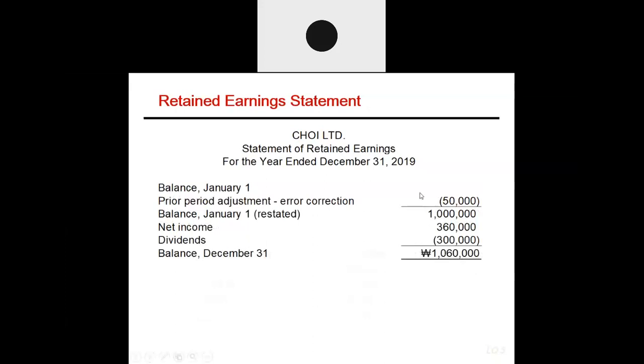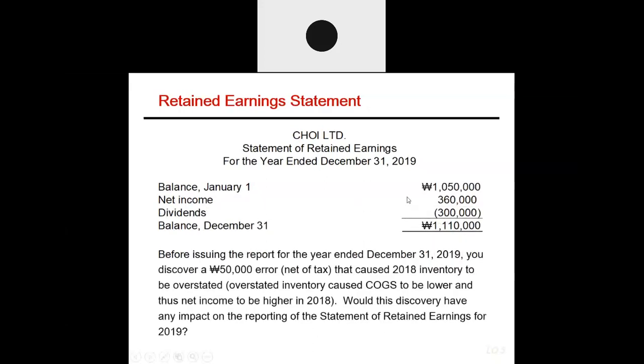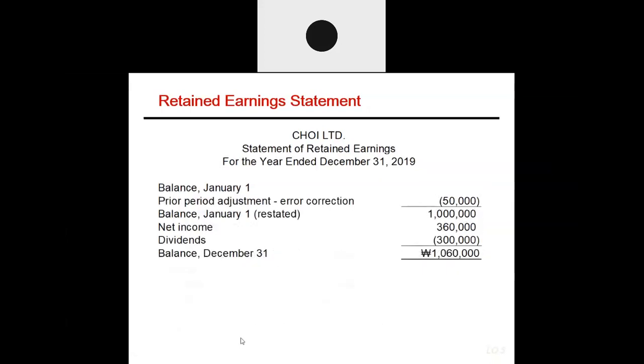Here we have to report the beginning retained earnings, which will be 1,050,000, and then the net income of 360,000.